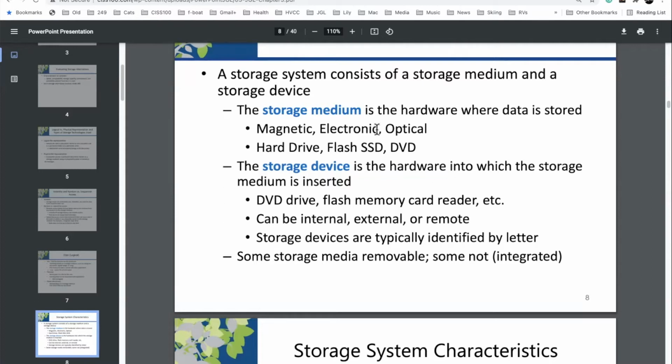Of course, you can take the hard drive out in its entirety, but nobody can or should open up a hard drive to look at those magnetic platters. You're almost certain to crash that hard drive. In contrast, a DVD or CD, we naturally think of them as separate. I have a CD or DVD player, and then I have my collection of DVDs, right? So there is a separation between the medium and the storage device.